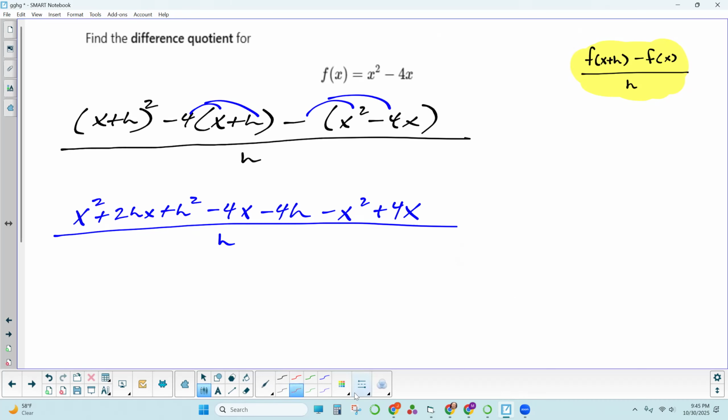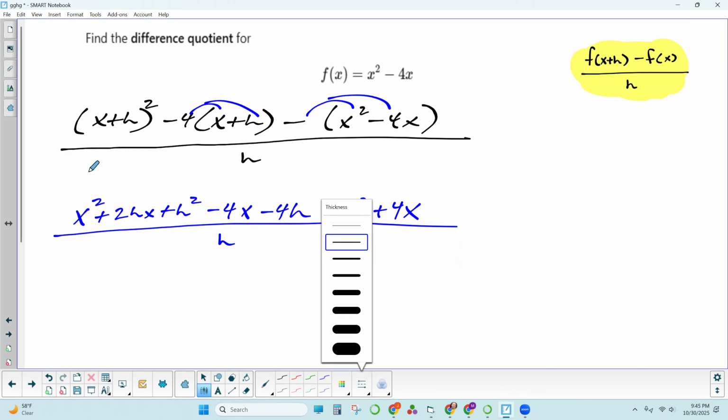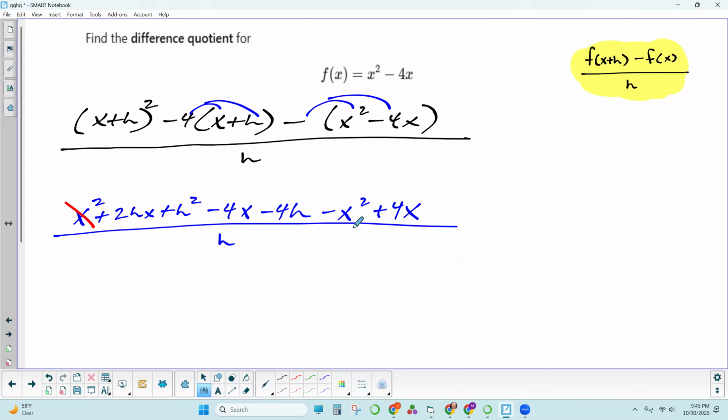Let's see what we can cancel up top. My x squareds cancel. My x's cancel. What I'm left with is h squared plus 2hx minus 4h, all over h.